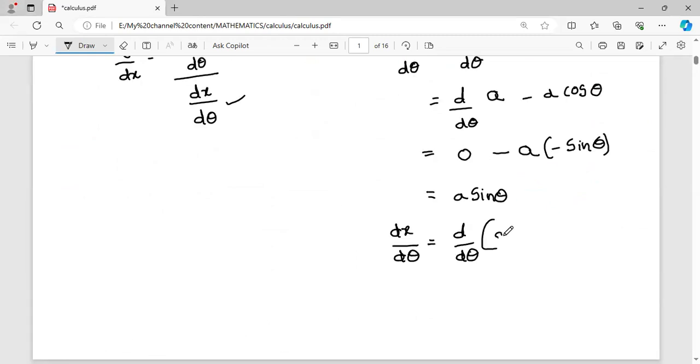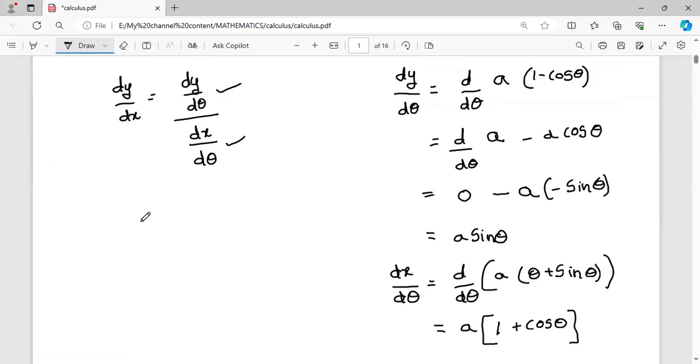The constant term a is taken outside, here theta plus sin theta. So do the differentiation. d theta by d theta is 1, plus d by d theta of sin theta, which is cos theta. So the differentiation of sin theta is cos theta. This is dx by d theta.